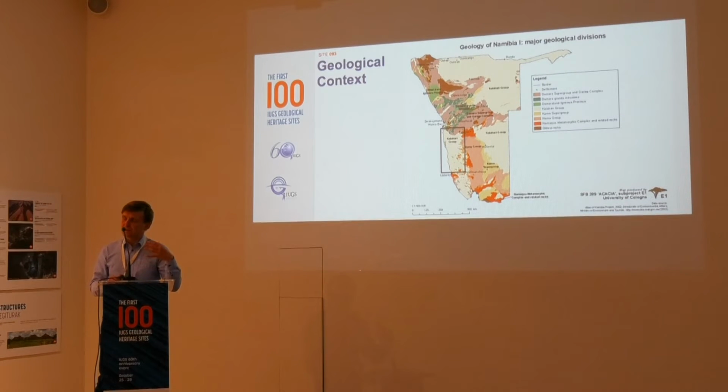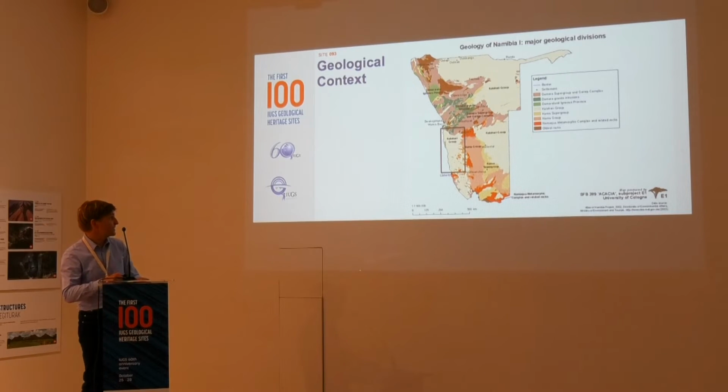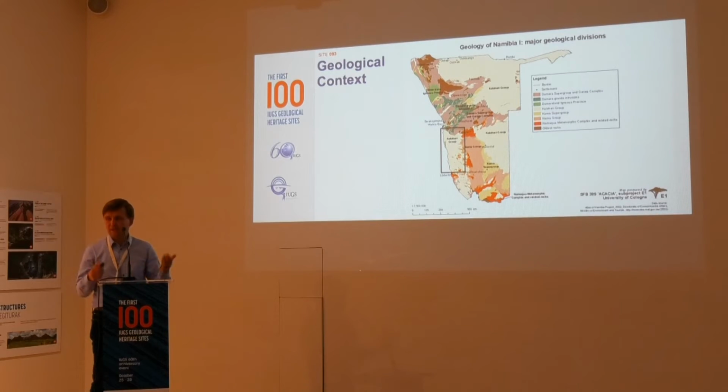And the Namib Sand Sea, the desert, is located on that coastal side of the Great Escarpment, and the sediments of this Kalahari group cover the old bedrock in this part of the desert.